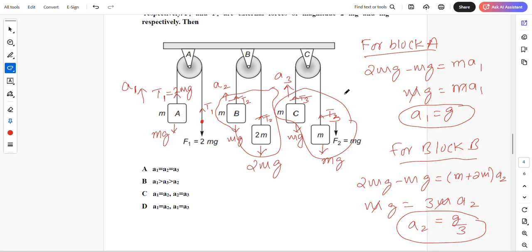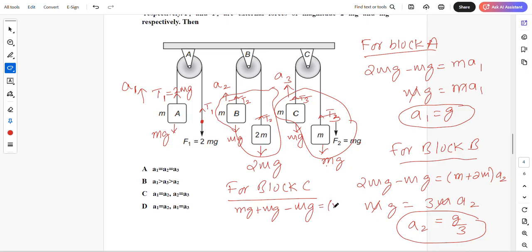If I use this as system boundary, the driving force will be mg plus mg, that is 2 mg, for block C. For block C, it is driving force mg plus mg, that is 2 mg, minus the resisting force mg, is equal to mass into acceleration.